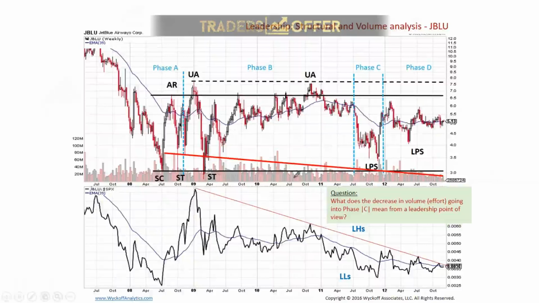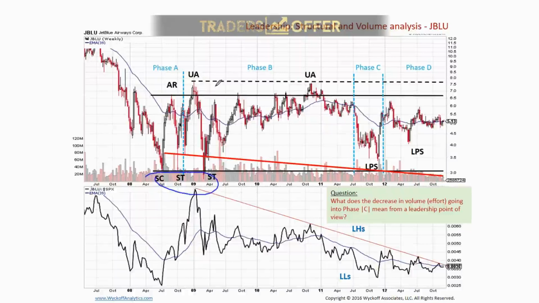So JetBlue had a little bit more of the underperformance since the 2008-2009 lows, and we're definitely seeing how the stock is still in the original structure.